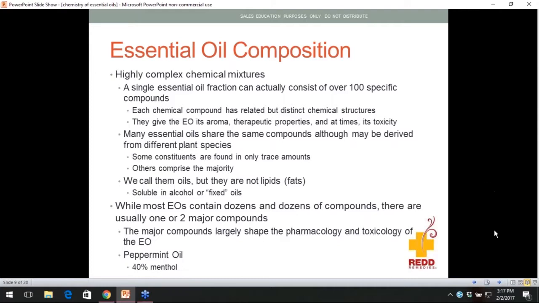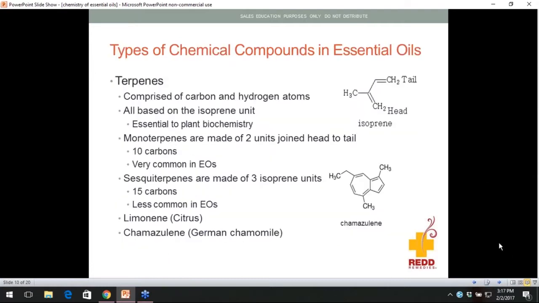So let's move on to the types of chemical compounds that you see in essential oils. The bulk of essential oils are called terpenes. And all terpenes are based on this guy right here called an isoprene.